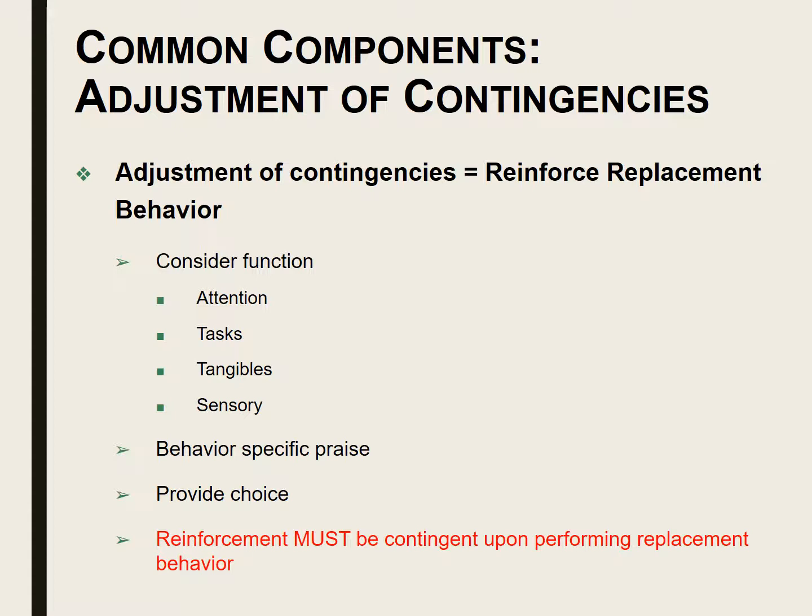You might want to provide choice on how they gain reinforcement, whether it's public praise or private praise, or if they've engaged the replacement behavior for a specific period of time. Maybe they are removed from an activity for a certain period of time, so long as escaping a task is one of their functions. Remember, reinforcement must be contingent upon performing replacement behavior.